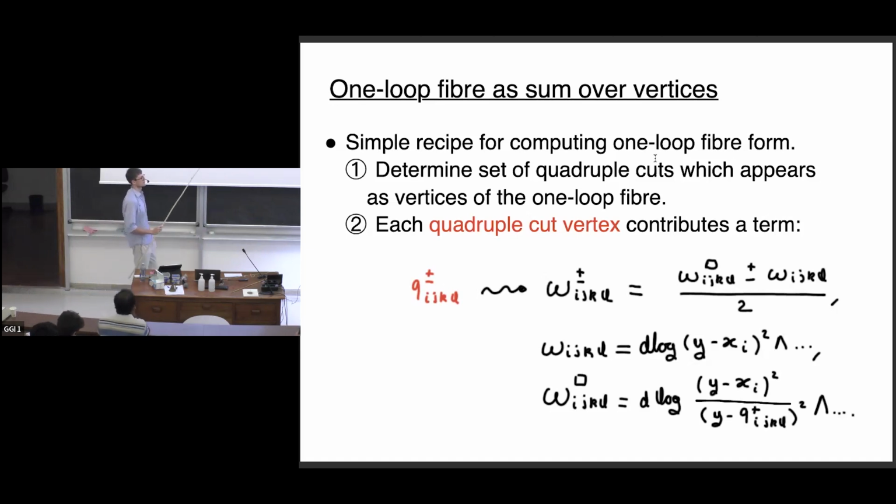We have d log of the 4 facets which meet at that vertex, and another contribution which looks like a box integrand. Again, these details aren't important. I just want to emphasize this picture: in order to compute the canonical forms for the one loop fiber, all we need to know is the set of its quadruple cut vertices.